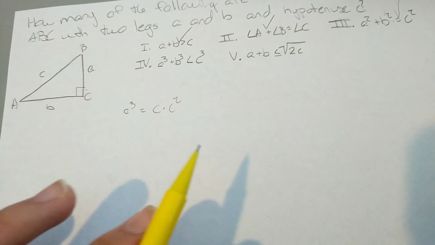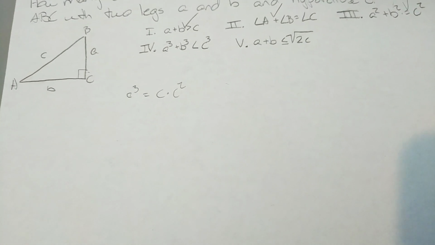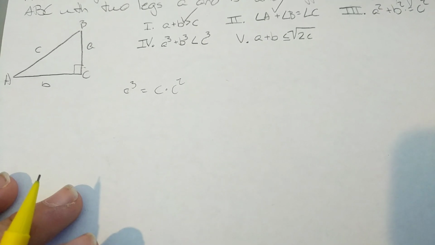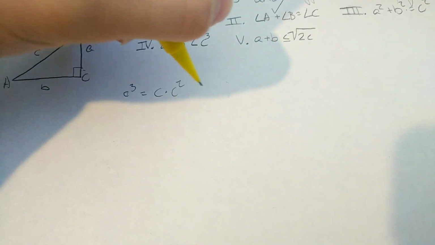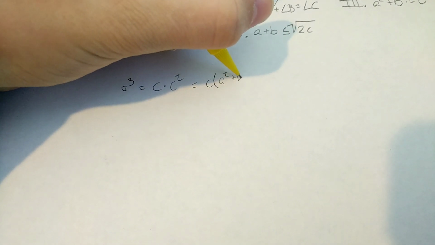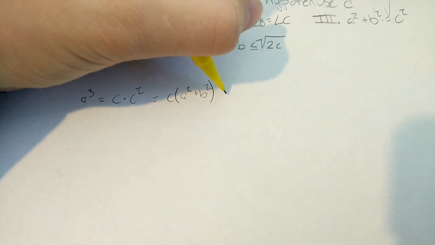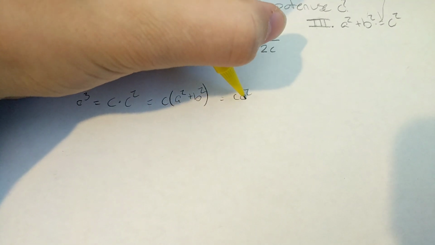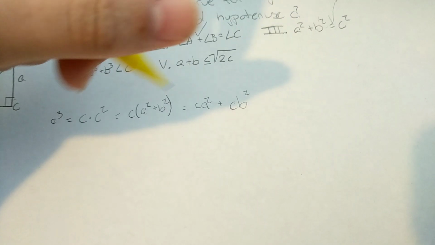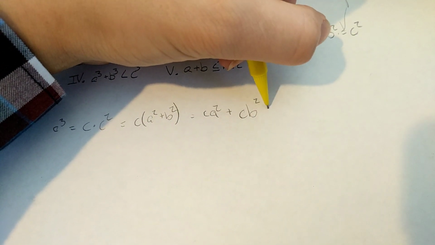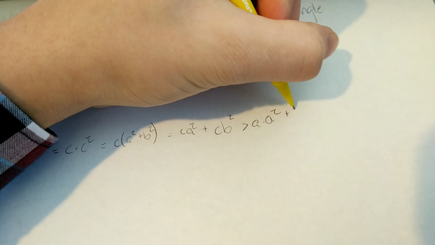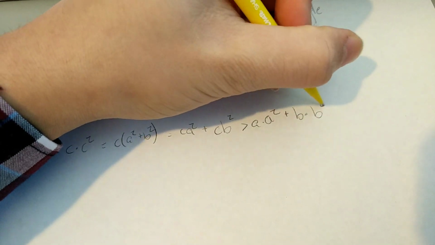You could also say C cubed is equal to C times A squared plus B squared, which is just distributing. And we know that this right here is greater than A times A squared plus B times B squared.